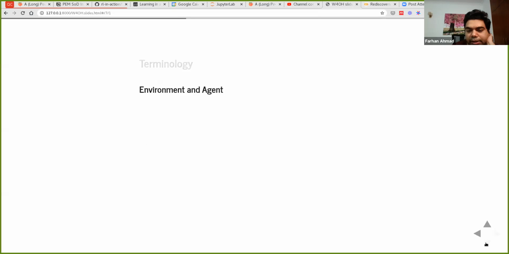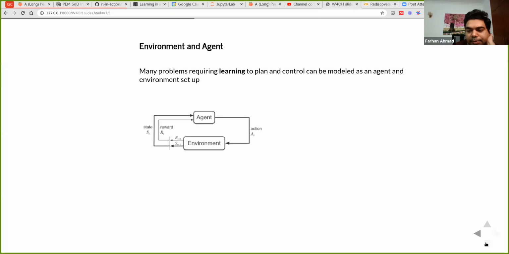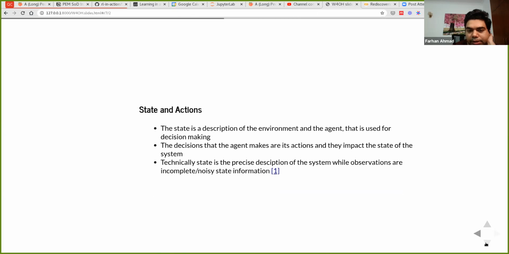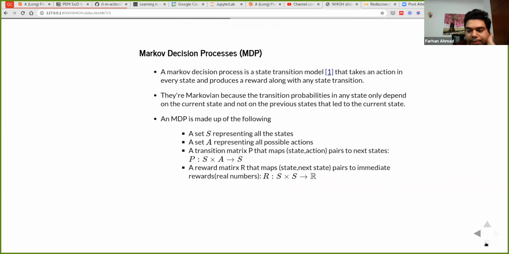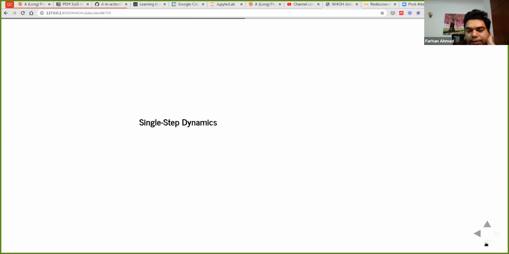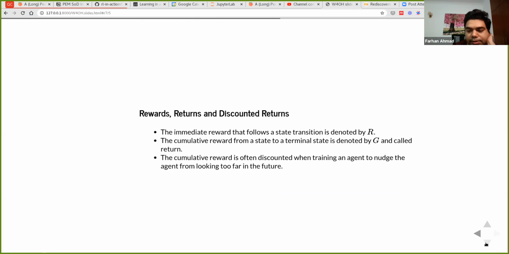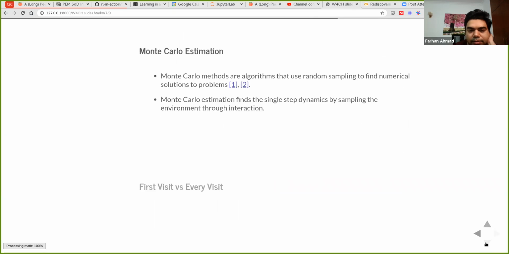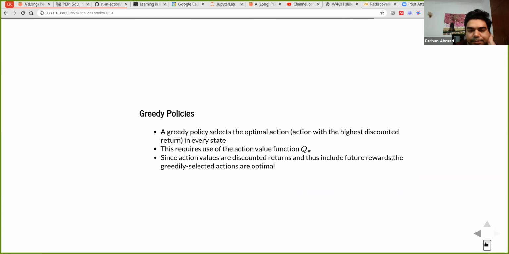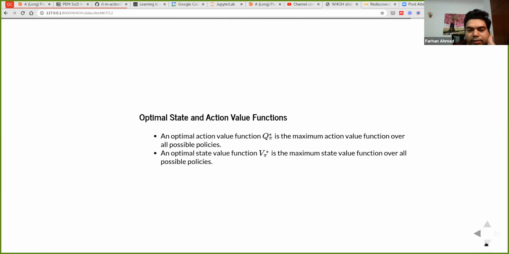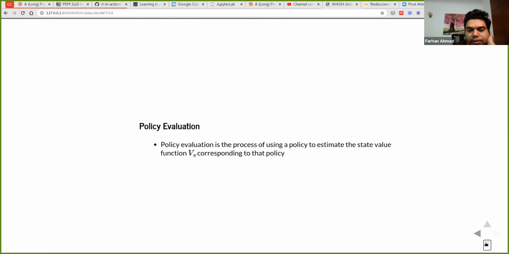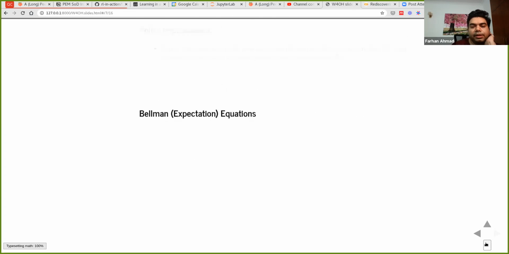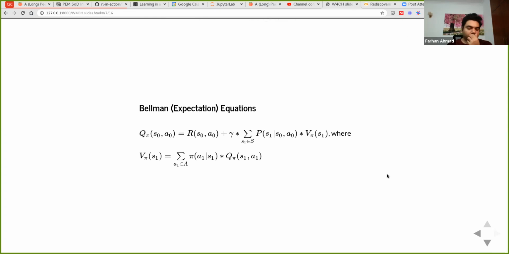Yep. So the only remaining bit is this: we went over the entire terminology last week. There was one bit remaining, which was the equations. We went over everything except these Bellman equations, right, which you will generally find in the textbooks.